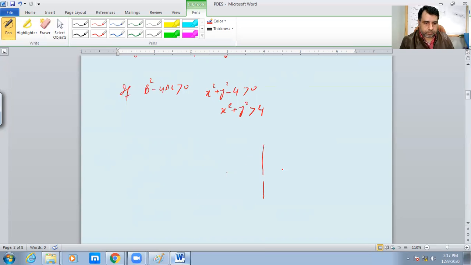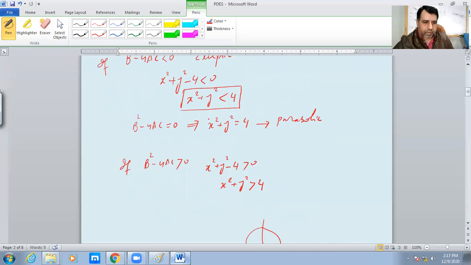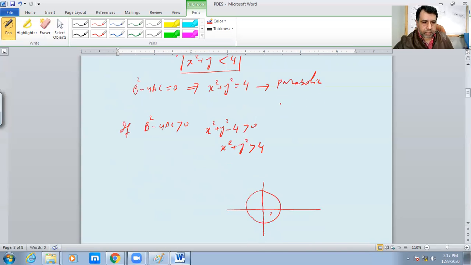domain, we have a circle of radius 2. Whenever x square plus y square equals 4, meaning you are on the circumference of this circle, the equation is parabolic. Let me take some other color. The equation is parabolic on this circumference.